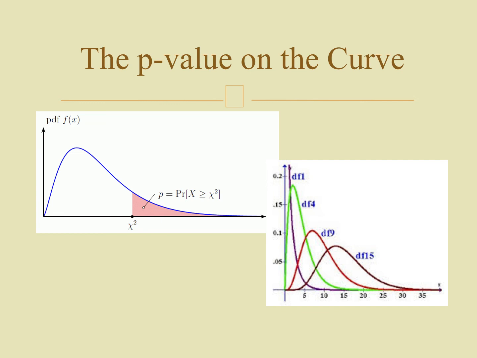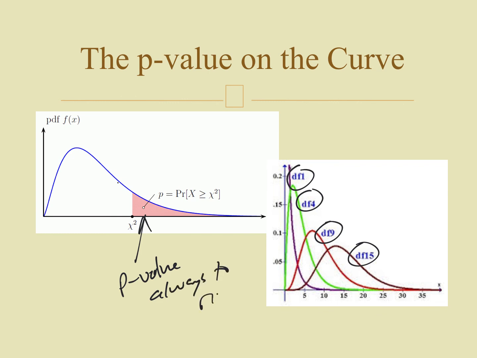So here's just a picture of the curve in the end. Again, it does change shape as the degrees of freedom change, just like the t curve changes shape as the degrees of freedom change. The p-value is always area to the right. So just a couple pictures there.